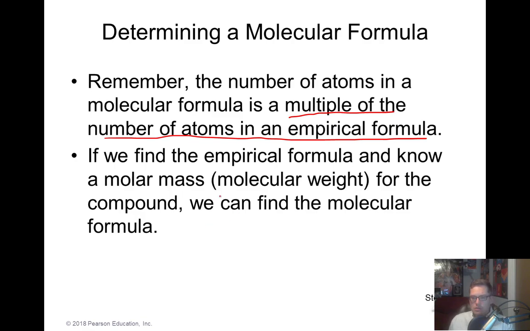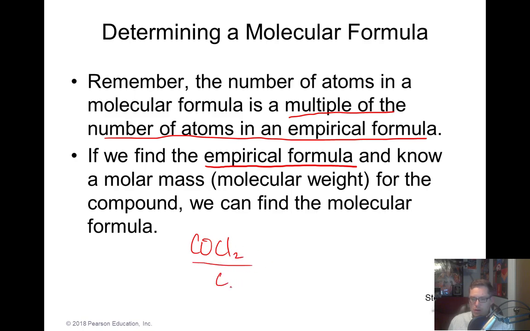Okay, so in order to find the molecular formula, you need to find the empirical formula first, always. So if you have a problem and it says find the molecular formula, the first step is to find the empirical formula. Once you find the empirical formula, you find the empirical formula weight. So the last one we had COCl2, and you're just going to find the formula weight of that.